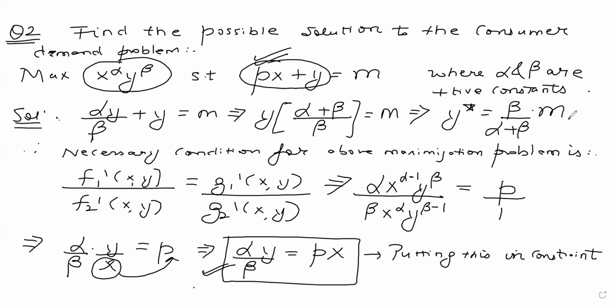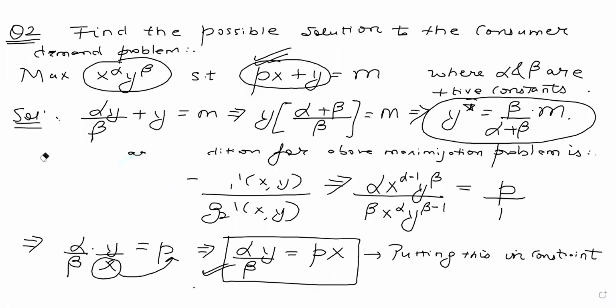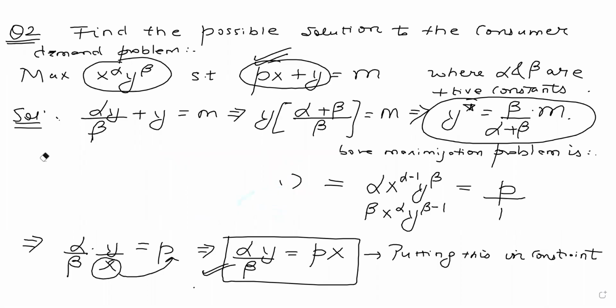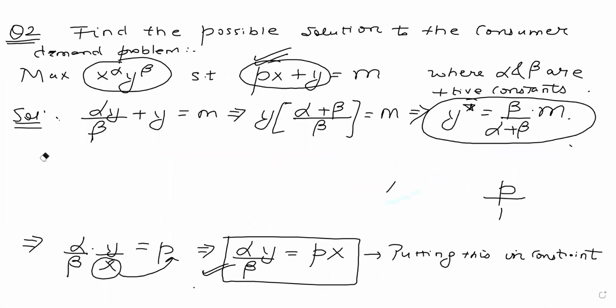Okay, and if I plug this value now in the equation for x star, I can get the required value of x star. So erasing this particular part, we can now find out the optimum value of x star. I can write px star is equal to alpha y star by beta.